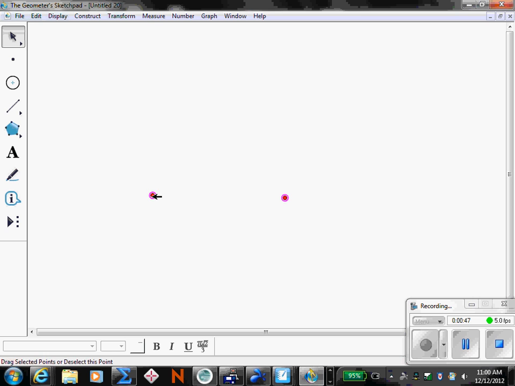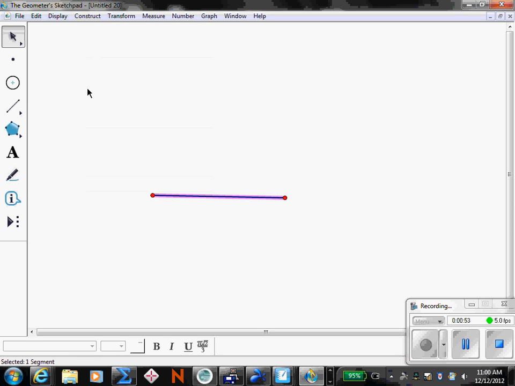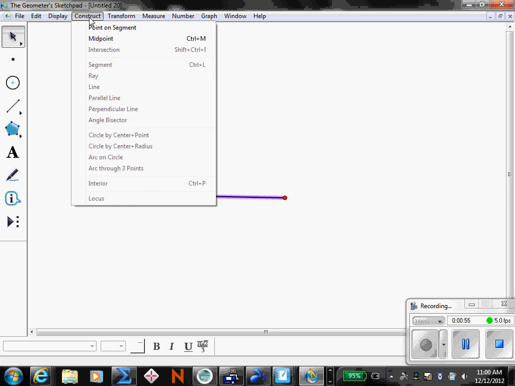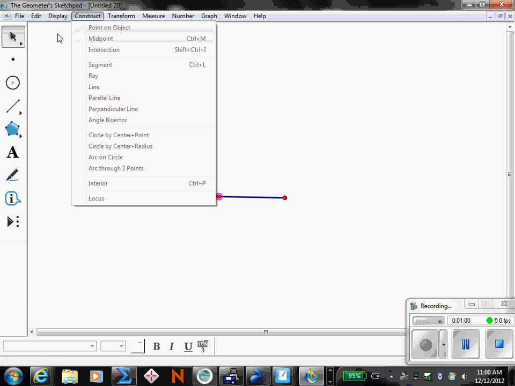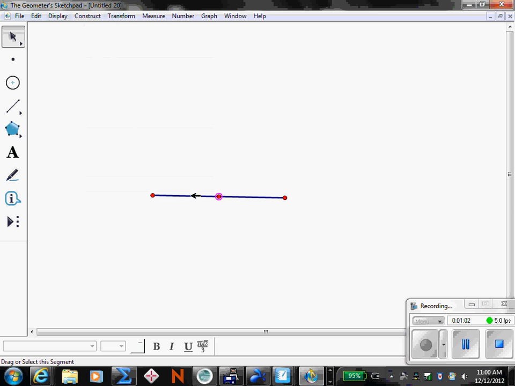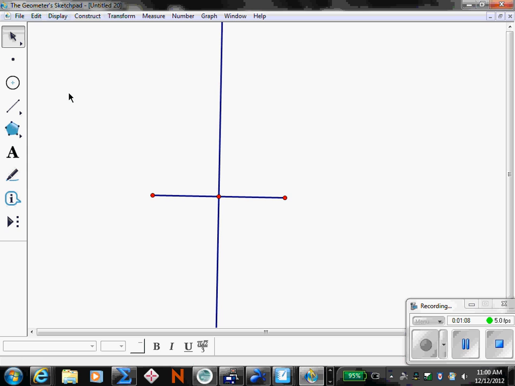So in order to construct a kite, we need to find the midpoint of a segment, then construct a perpendicular. Now that I have this perpendicular, I want to put a point on either side of my original segment.